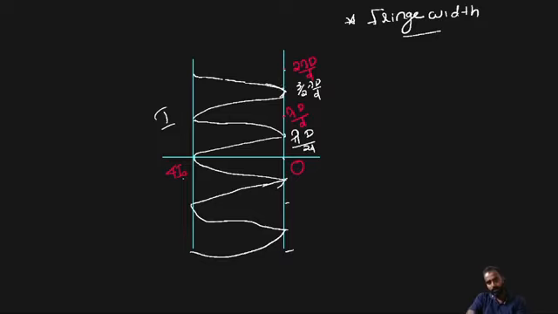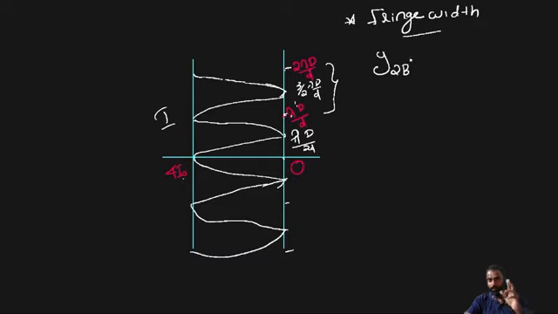From the figure we can point out, this is my one maxima, this is my another maxima. These two are consecutive maxima, right? After the first maxima comes the second maxima. What is the separation between these two? That is the bright fringe width.